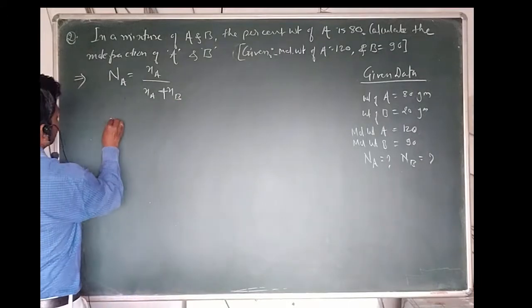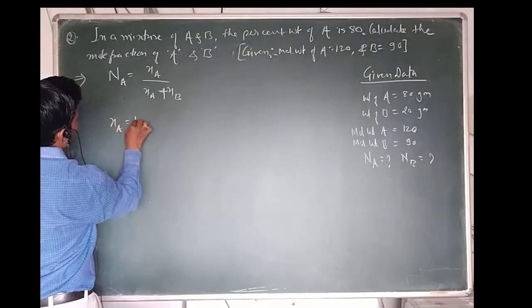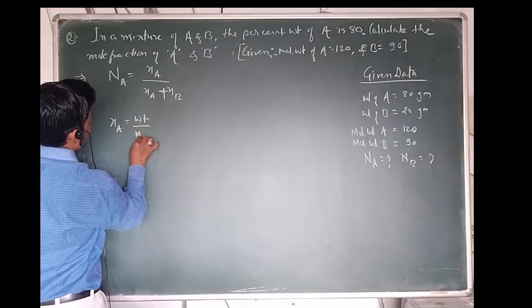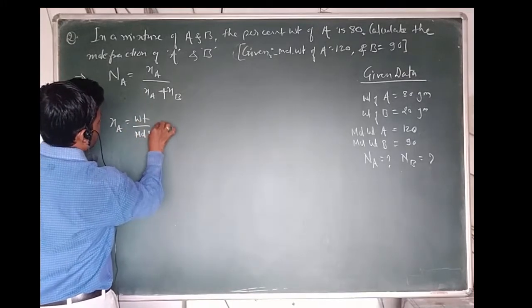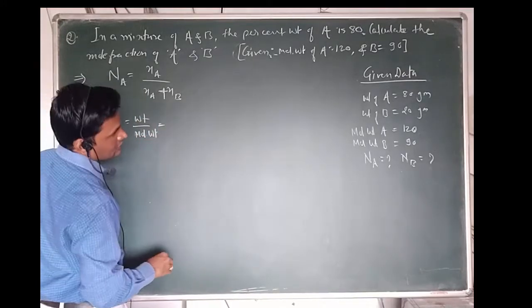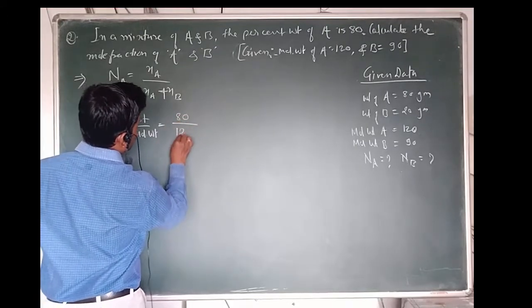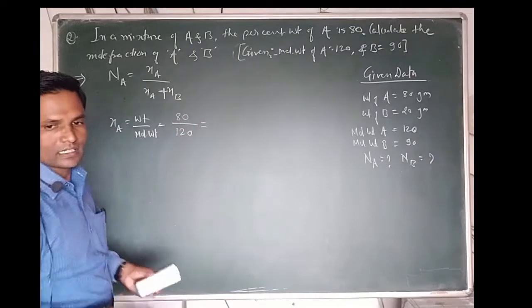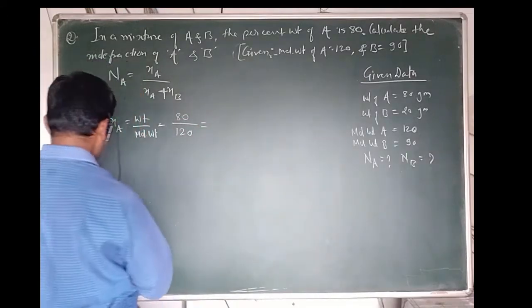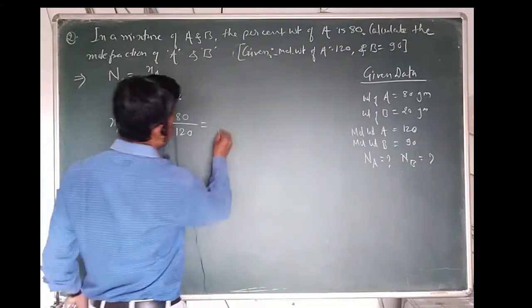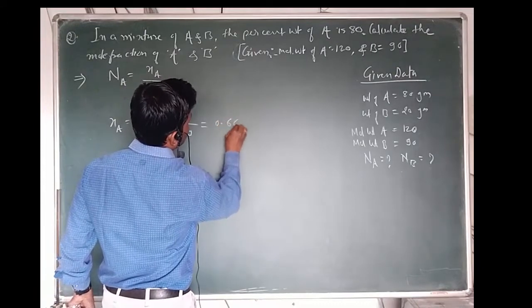The number of moles of A is weight upon molecular weight. The weight of A is 80 divided by the molecular weight 120, and you will get 0.666.